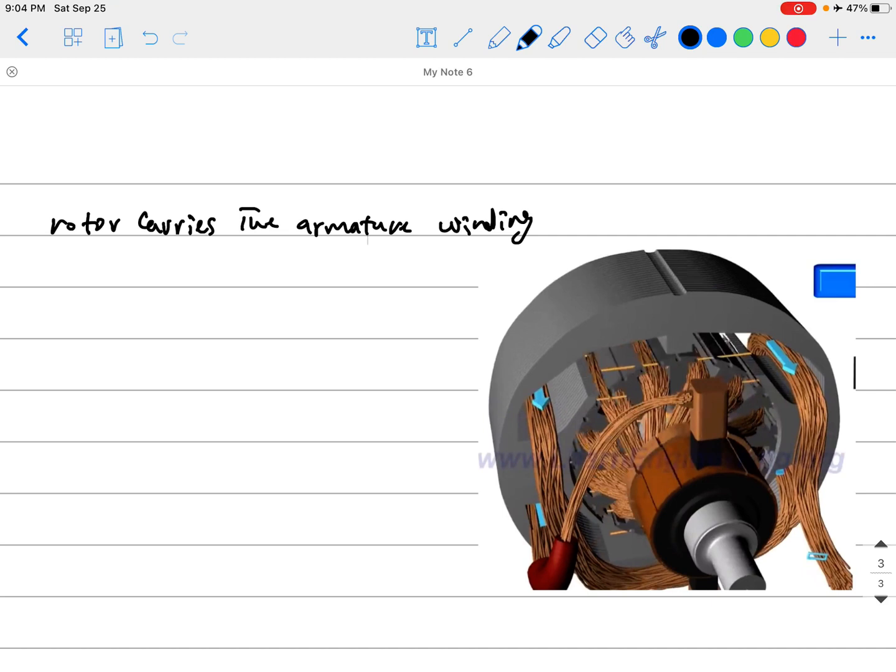The rotor winding is the part where the electrical part of the energy conversion process happens. That's why the rotor here in the DC machine is called the armature. Okay, guys?